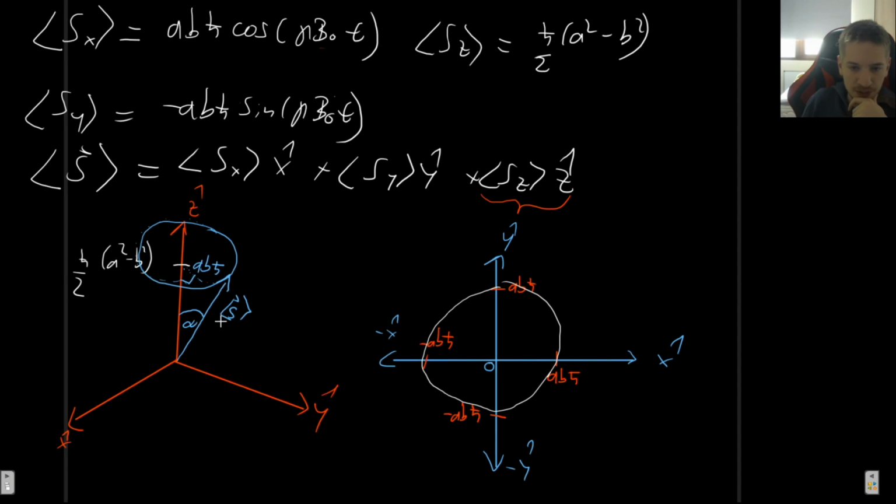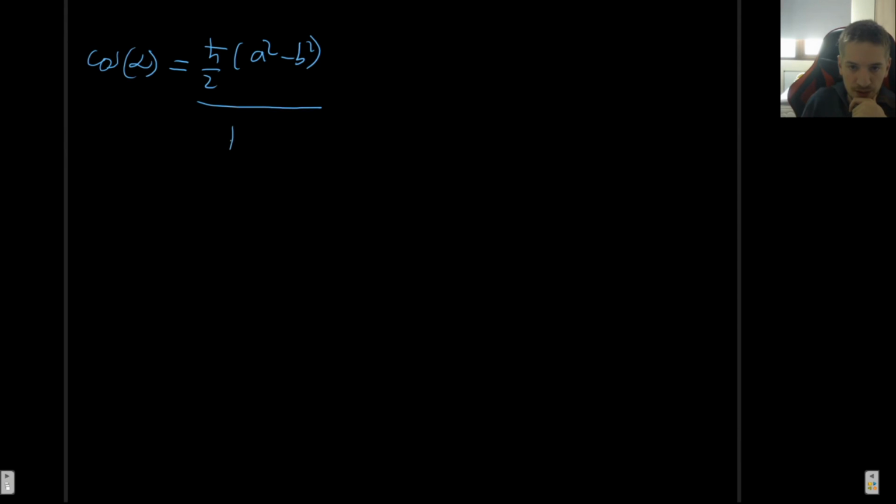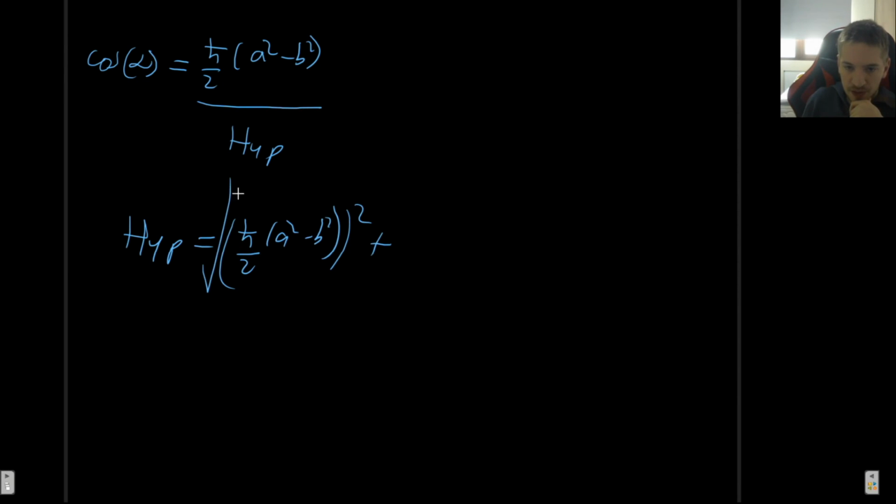But what is the hypotenuse? It's this side right here, which we don't quite know. So let's call it hypotenuse here, and let's calculate. So the hypotenuse, because of Pythagoras' theorem, is each one of the two sides squared, and then we take the square root of all of that. And the other side is abħ. So let's calculate this.